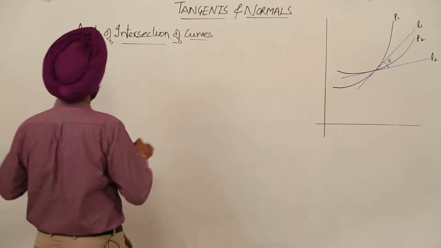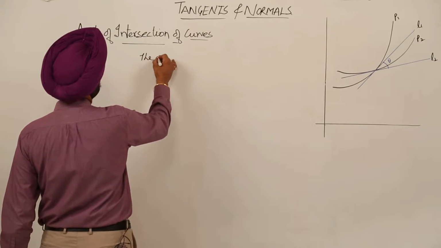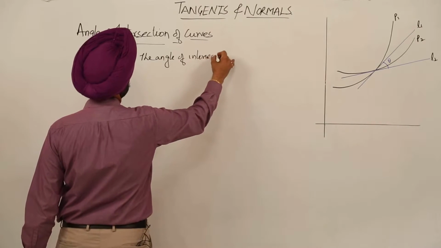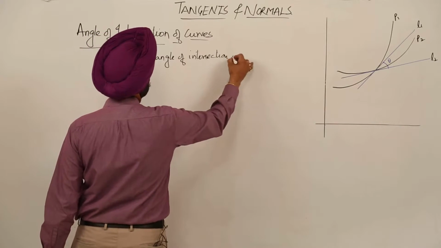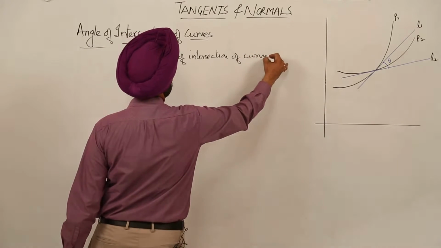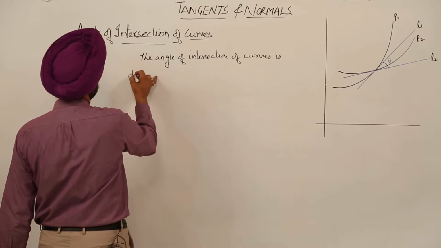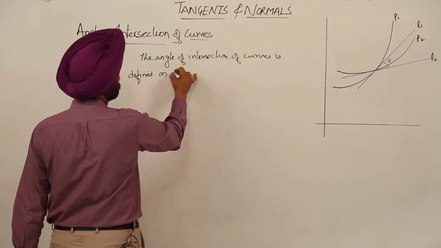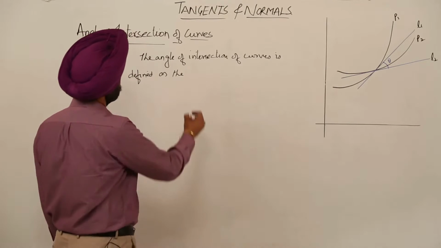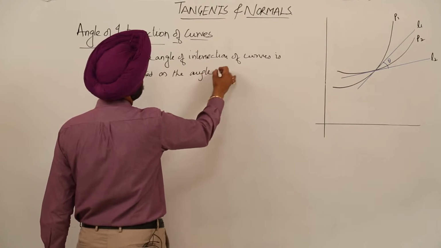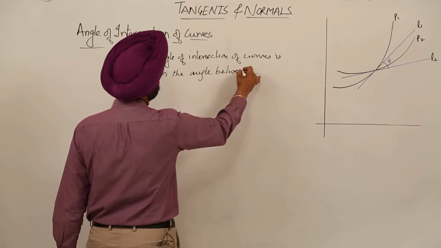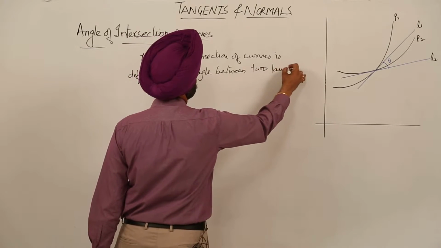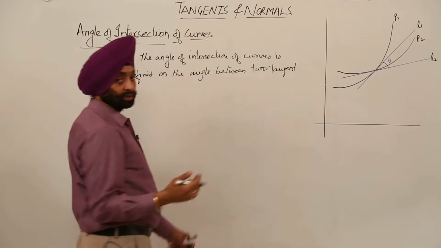Okay. So now the angle of intersection of curves is defined as the angle between two tangents, or you can write it as the angle between the tangents.